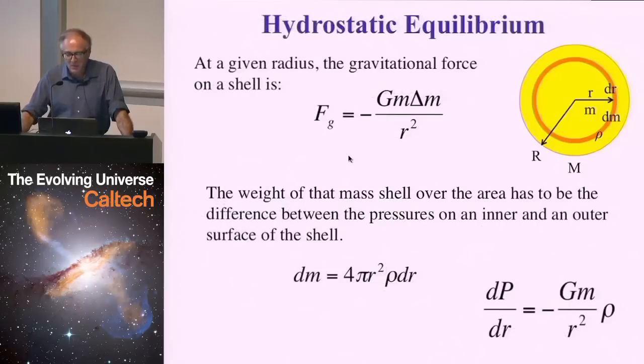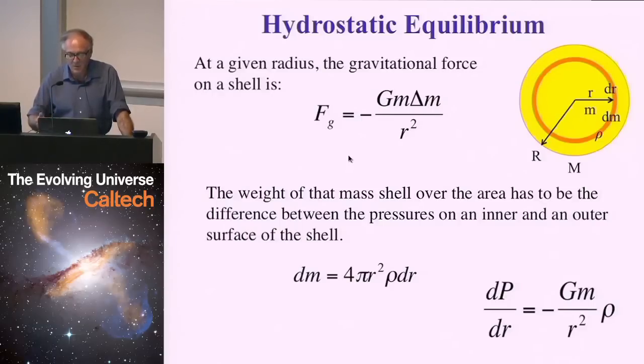Now, hydrostatic equilibrium. If you look at a shell of material inside the sun or any star, there is a gravitational force pulling it down. There is pressure on the inside and the outside from thermal motions. And the difference in those two pressures has to match the gravitational force that pulls the shell inwards.